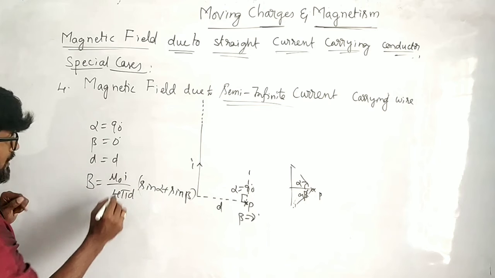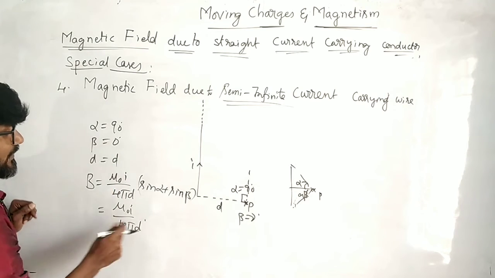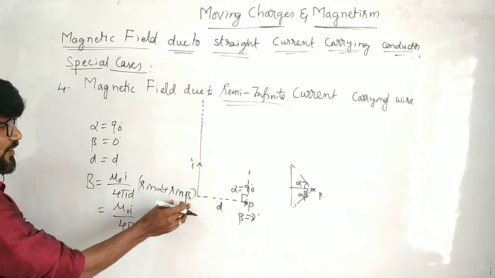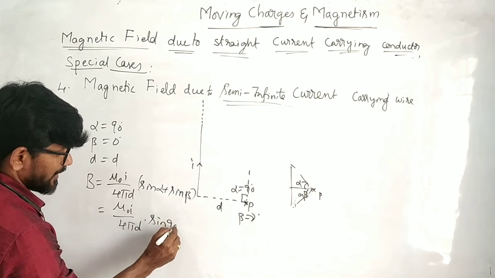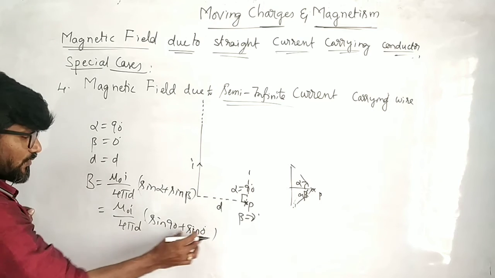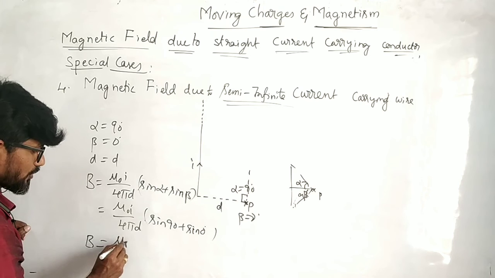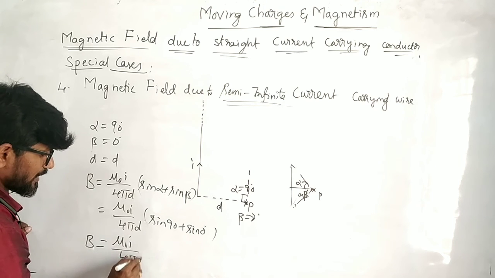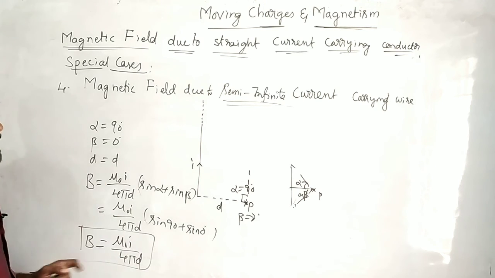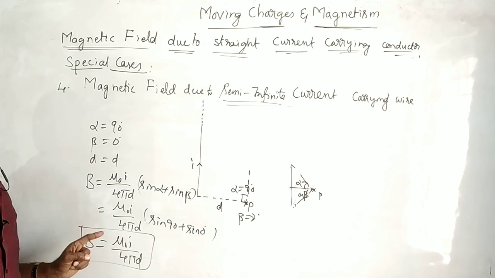So mu naught I by 4 pi D into sin 90 plus sin 0. Sin 0 is 0, sin 90 is 1. So 1 plus 0 is 1 only. So I'll get B is equal to mu naught I by 4 pi D as the magnetic field due to a semi-infinite current carrying conductor. I hope it is clear. No confusion, right?